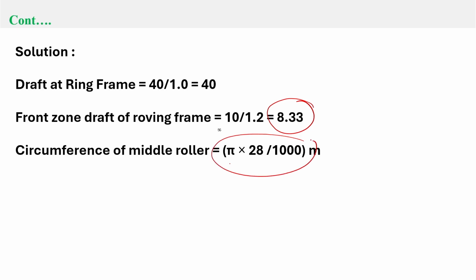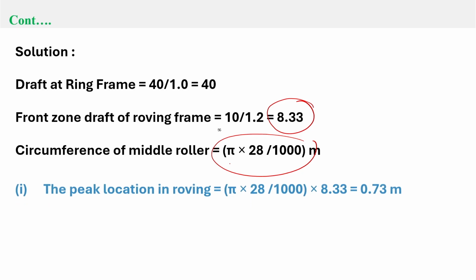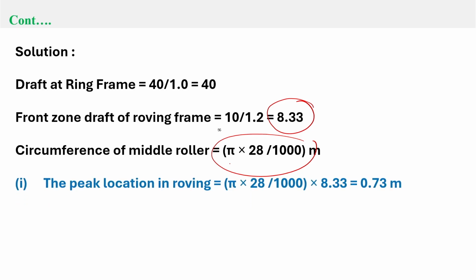The peak location in the roving is this circumference in meter multiplied by the front zone draft. So it becomes 0.73.